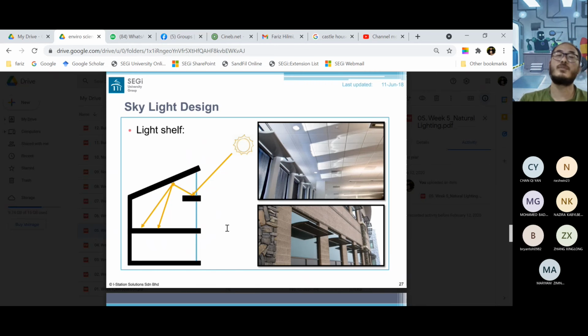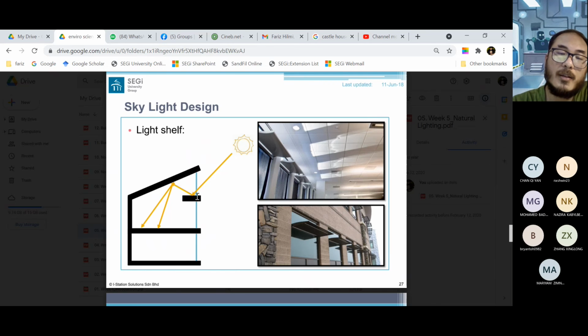Light shelf. This is also a quite interesting method to do. Now, not many architects love to use this as design. It always position half of the thing outside of the building, and then the rest will be inside. The ratio is like 80 to 20, 80% inside, 20% outside.